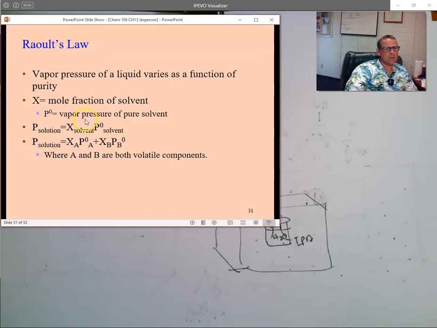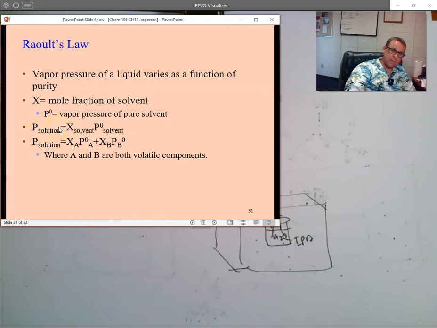So, if you take the mole fraction of the solvent, X of the solvent, and then multiply it by the vapor pressure of that material, that'll tell you the vapor pressure of the solution.